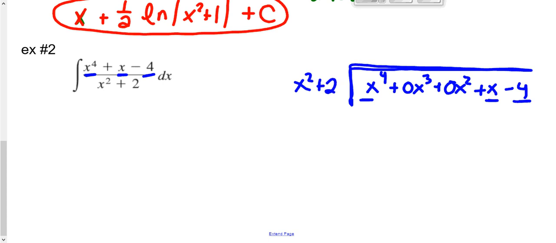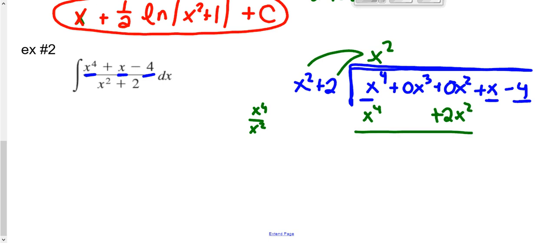So again, x to the 4th divided by x squared. That'll go in x squared times x squared is x to the 4th. X squared times 2, I'm going to put that under my x squared term, is 2x squared.